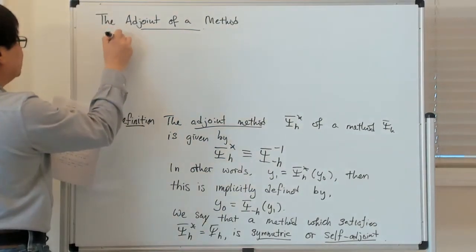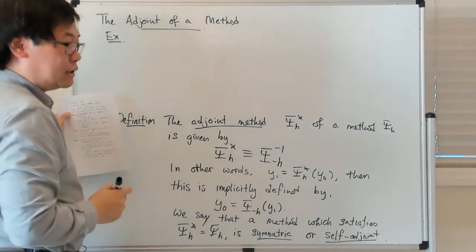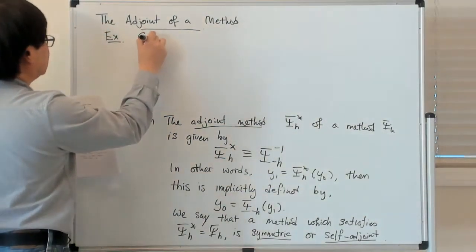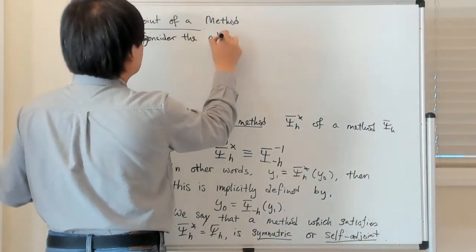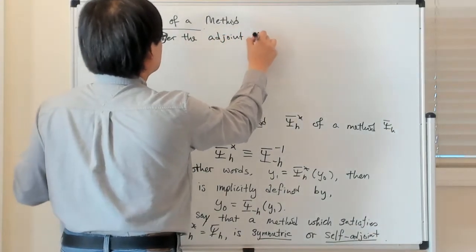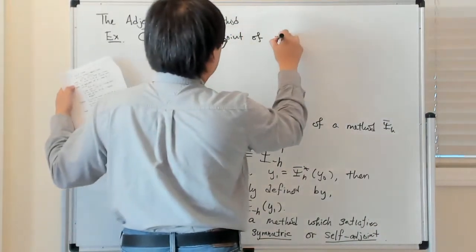So as an example, let's consider the adjoint of the Euler method.